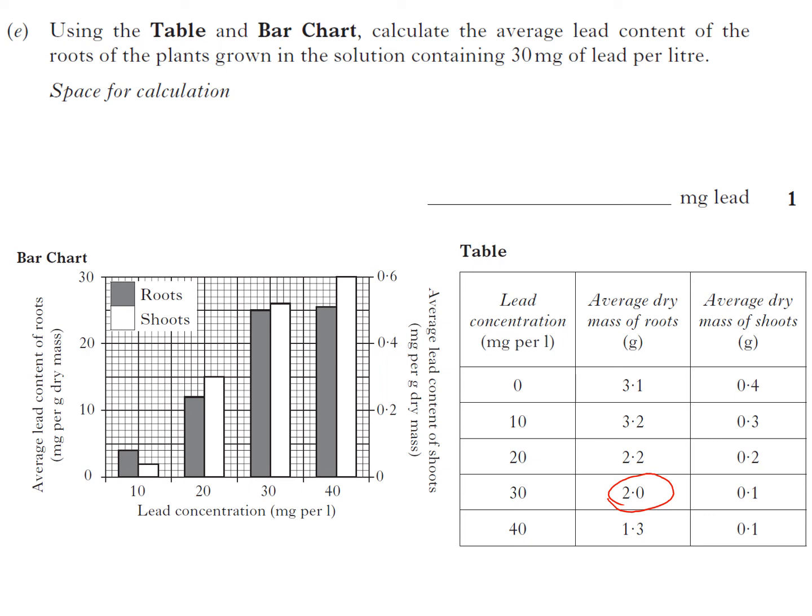Where's our lead content of the roots? We're reading this way to here. So that's 25. So you had 25 mgs per gram, okay, and we had 2 grams. So 25 times 2, 50 mgs of lead. That's it.